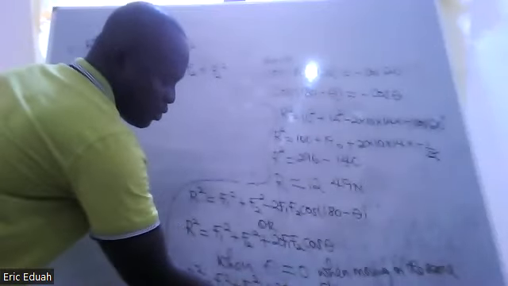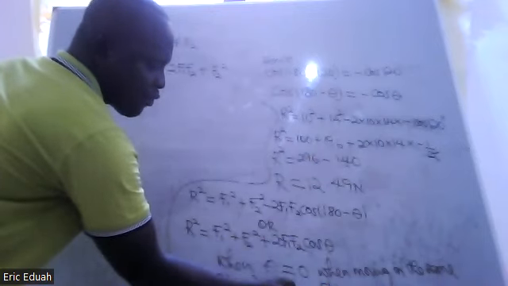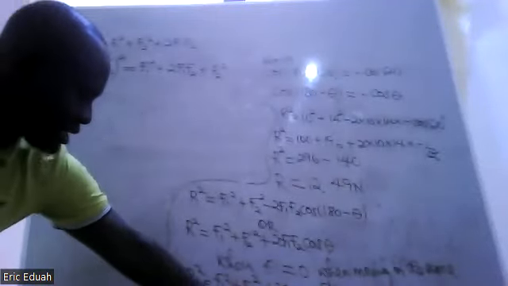But for the first one, we've left out the cos of the angle. No, we said because they are moving in the same direction, theta will be equal to 0. So when you substitute 0 here, you have cos 0, which is 1. So that's how come we got this, that R squared is equal to this. So if you expand F1 plus F2 and you have this, then you can substitute F1 plus F2 all squared for this, which will be the same.